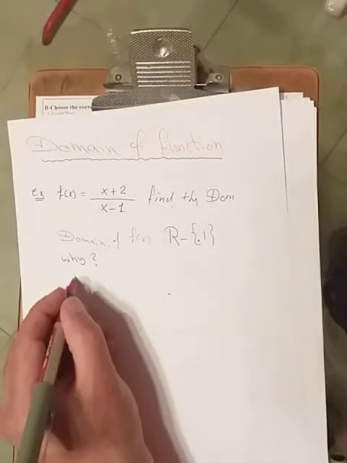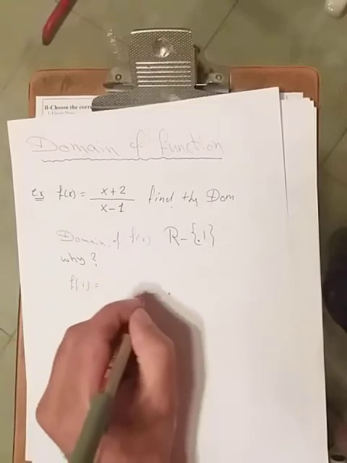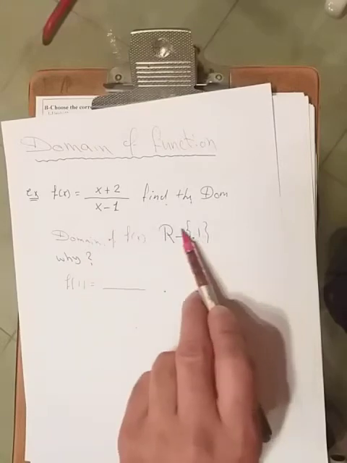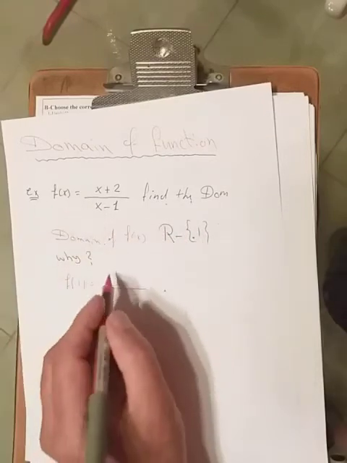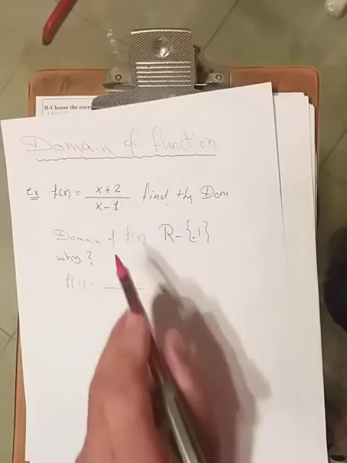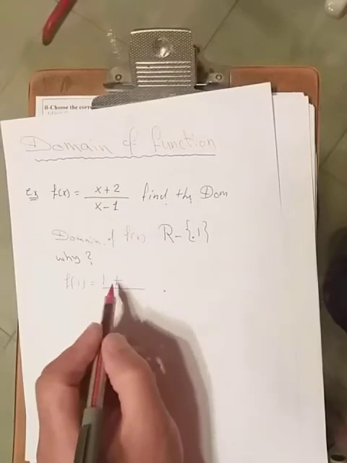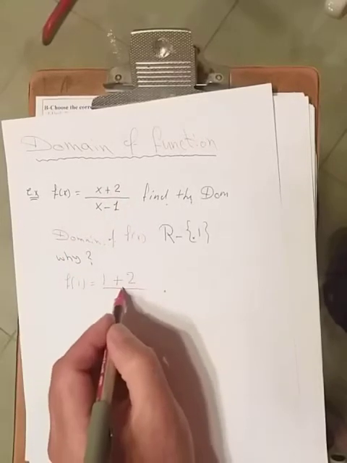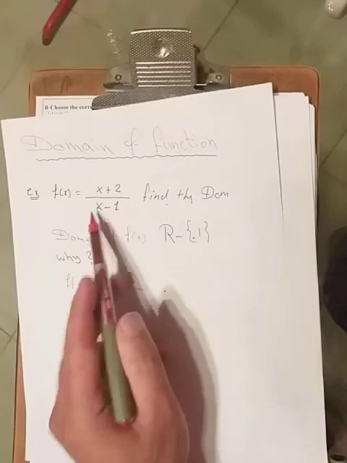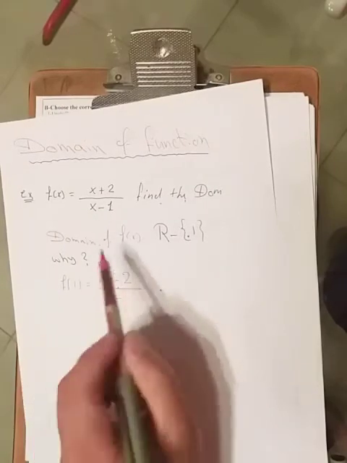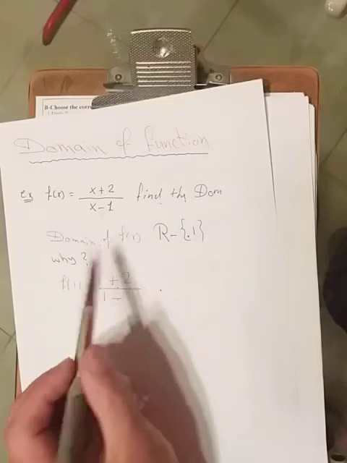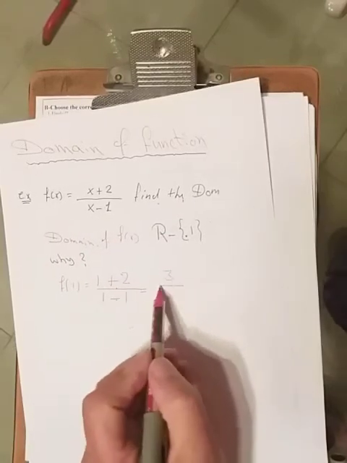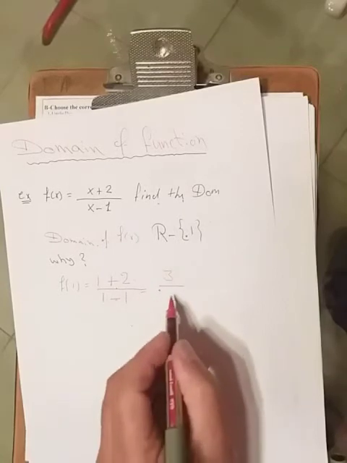Let me find f of 1. Replace x with 1: 1 plus 2 over 1 minus 1. 1 plus 2 is 3, so 3 over 0.